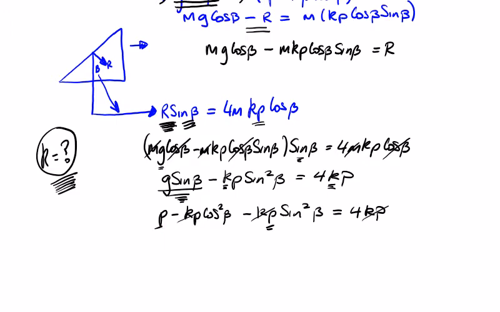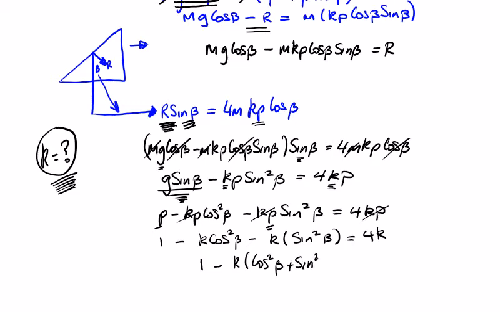So if I divide by p, I'm going to get a 1 minus k cos squared beta minus, I'm dividing by p, k times sine squared beta, and that will be equal to 4k, because I want to keep those k's. Now I can factor out, I can say 1 minus k times cos squared beta plus sine squared beta equals 4k.